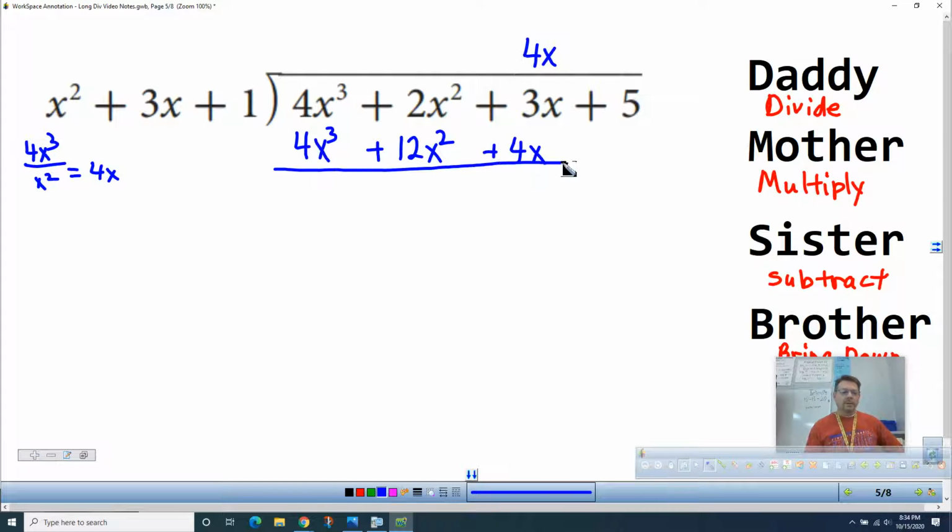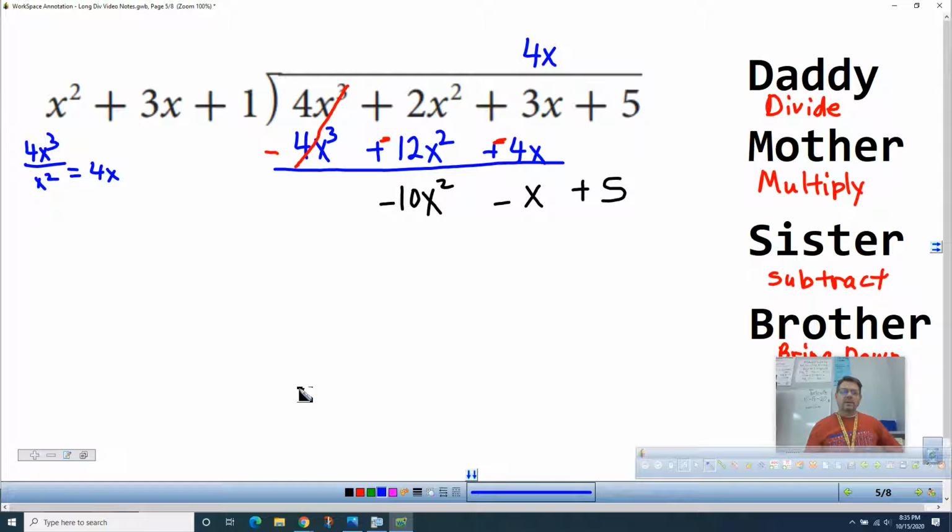Okay, I'll try to speed this process up for you just a little bit. Now we do subtract, change all those signs, right? These guys are going to cancel. If I go too fast, you can always rewind. So it gives me negative 10x squared, and then negative x, and then bring down my 5.